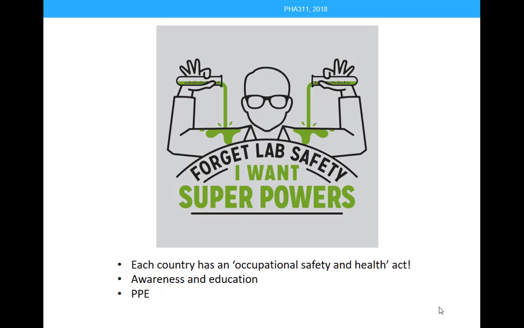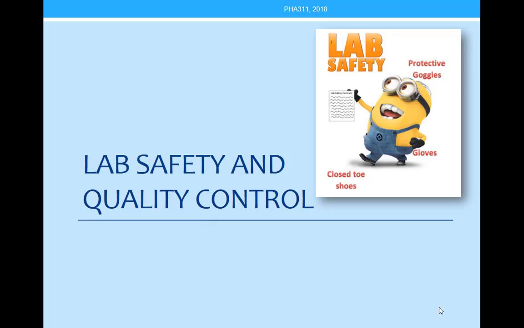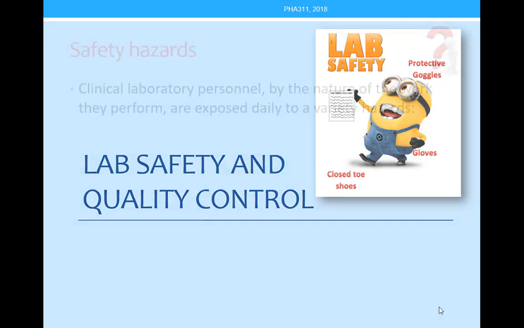So you have to follow certain guidelines when you're designing a lab and putting things there. Everything should be considered. Awareness and education among people who are working there is very important. And last but not least, personal protective equipment. If you go back to our minion, he's safe. He's wearing goggles, gloves, and closed-toe shoes, at least the minimum.